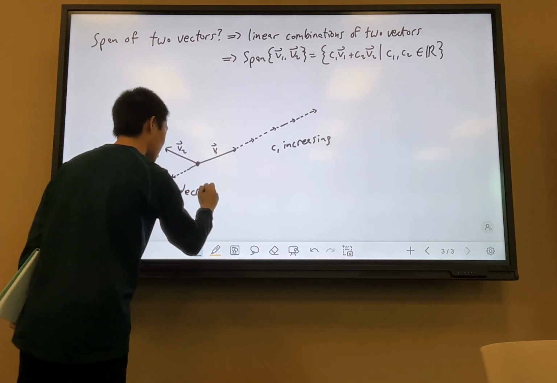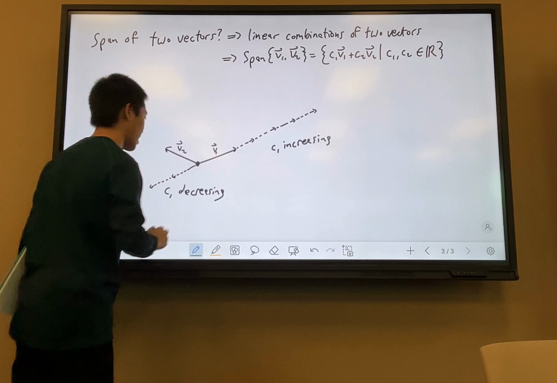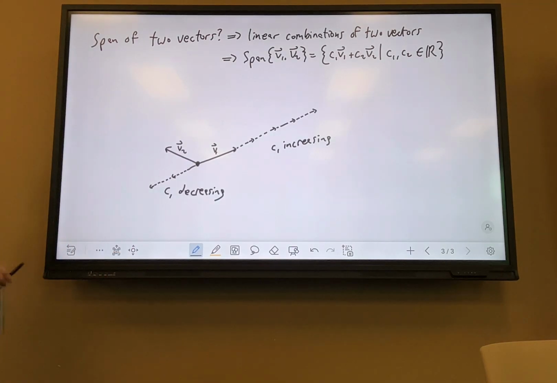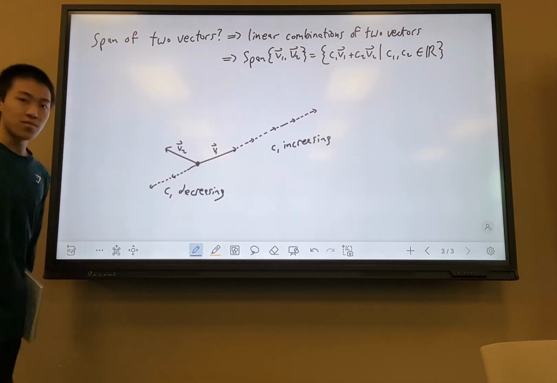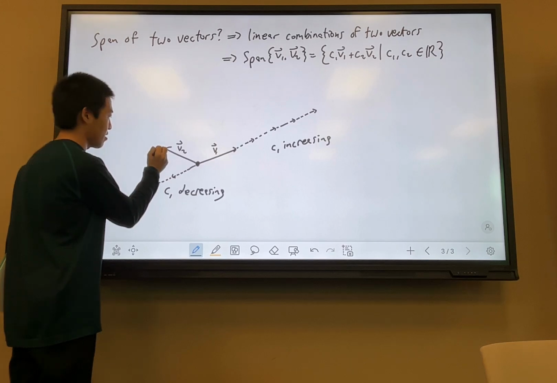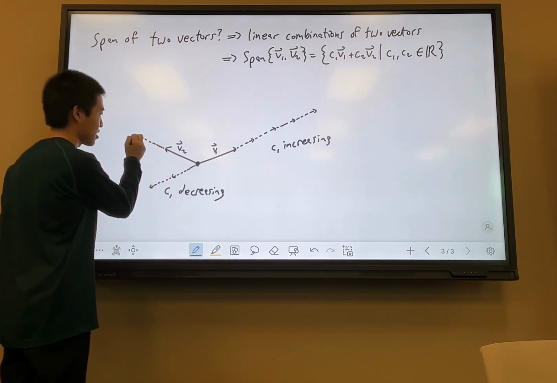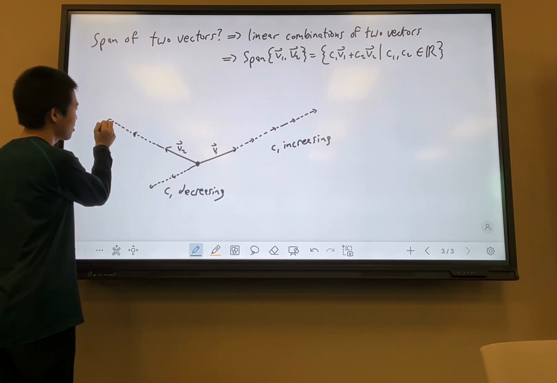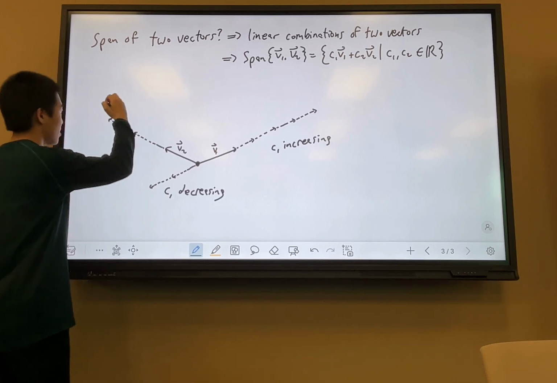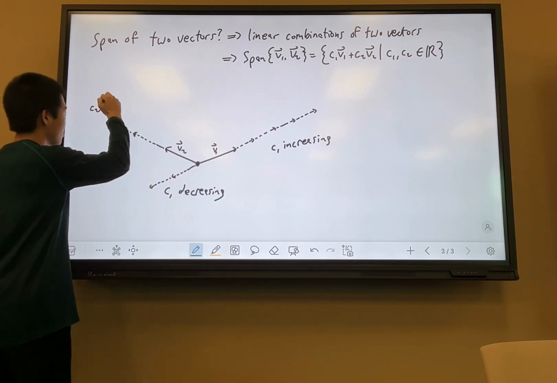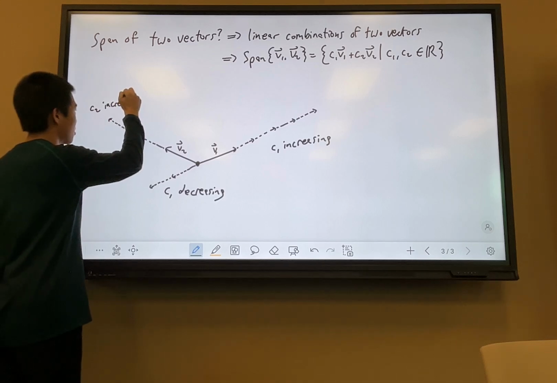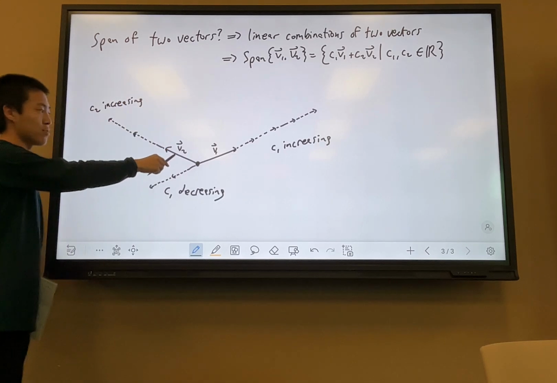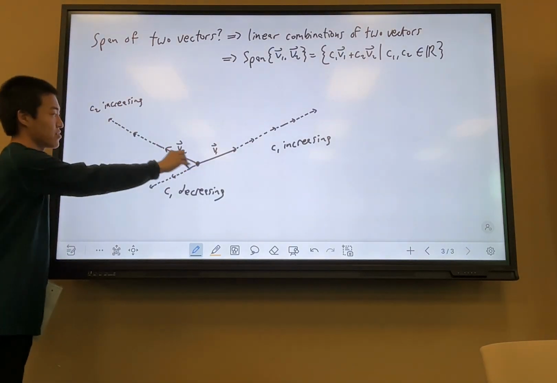But now we have another constant that could be scaling. What happens if V2 gets scaled up? So if V2 starts getting scaled up, it's going to be a similar behavior that we saw, just pointed in a different direction. So now this is C2 increasing. If I increase the constant that's multiplied by V2, it's going to get bigger.